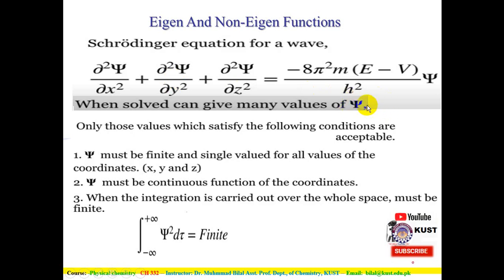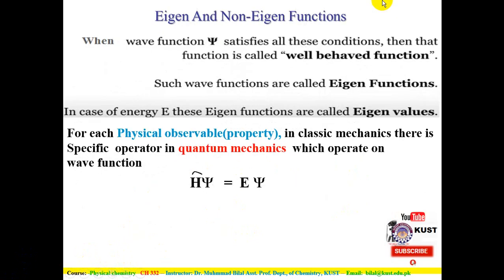However, those solutions will be acceptable in which psi has a finite value and a single value for all the coordinates. Similarly, psi should be continuous for all the coordinates, and its integration over the whole space from minus infinity to plus infinity should give a finite value.